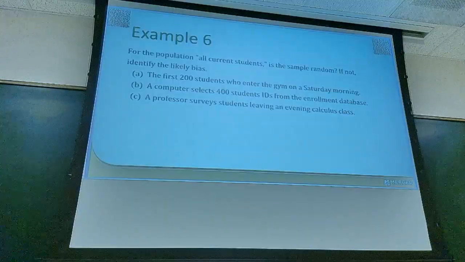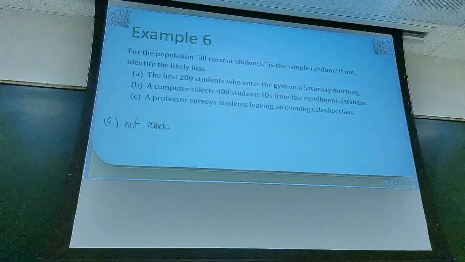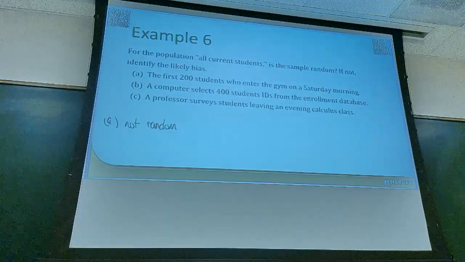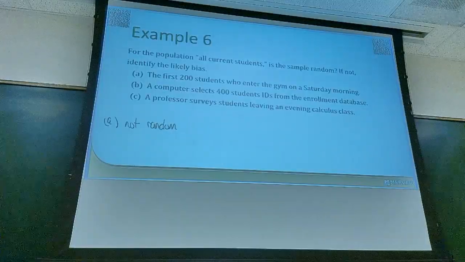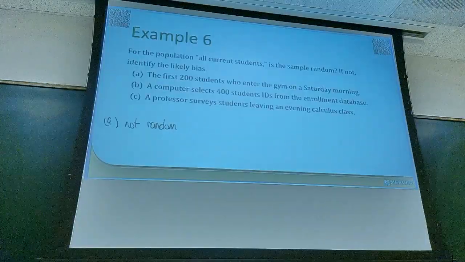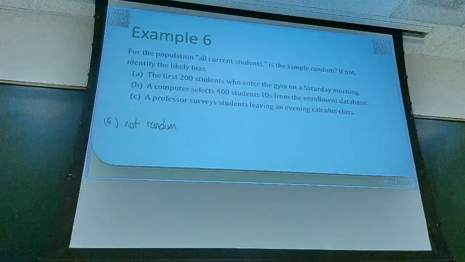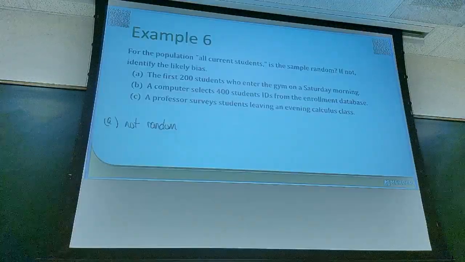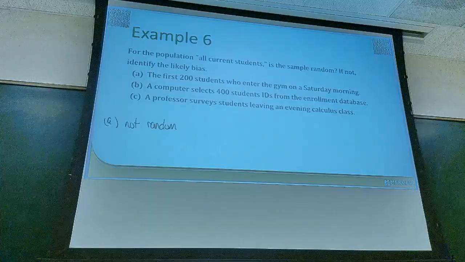No. Doesn't go over, but this would be a convenience bias. Computer selects 400 student IDs from the enrollment database. This would be random. At least as random as we're going to ever get.